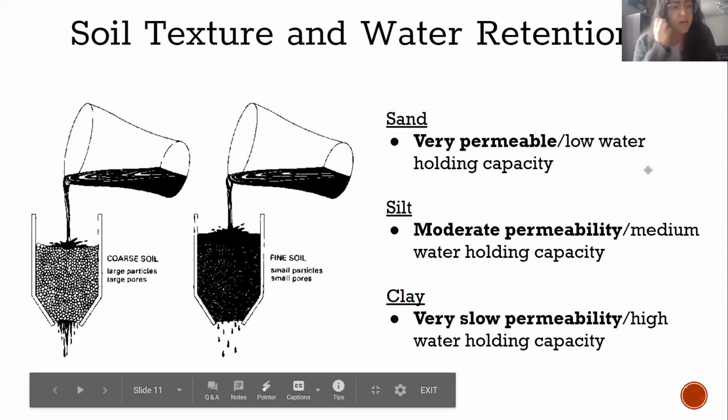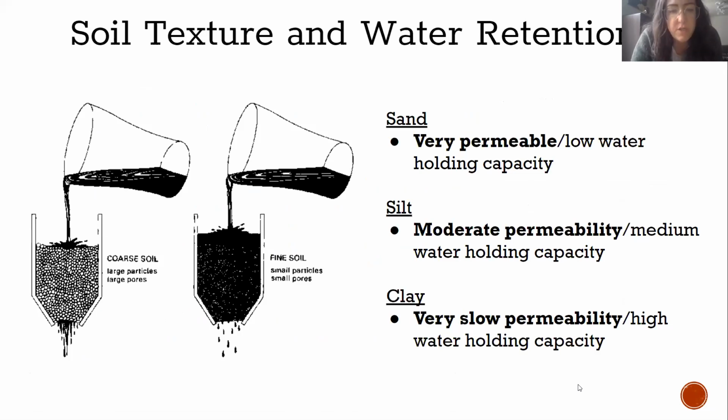So with those different sizes, there's obviously going to be a different way that water moves through each of those different particles, right? If you were to have a glass full of sand and you poured water through it, the water is going to move through that glass pretty quickly. Those particles are bigger.